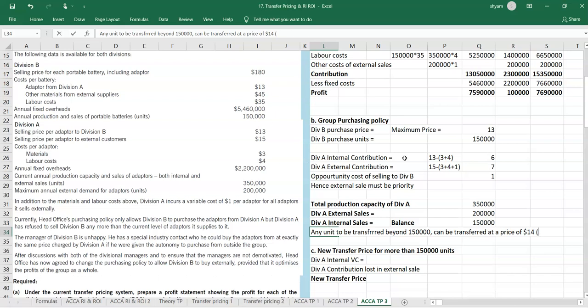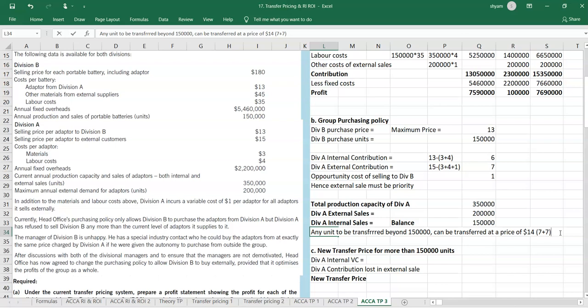See, the production cost is 7, and the opportunity lost by not selling to the outside guy is 7.